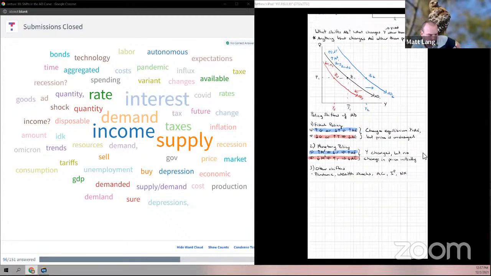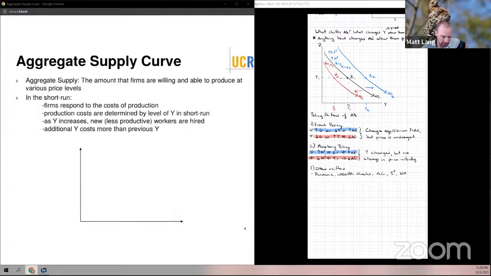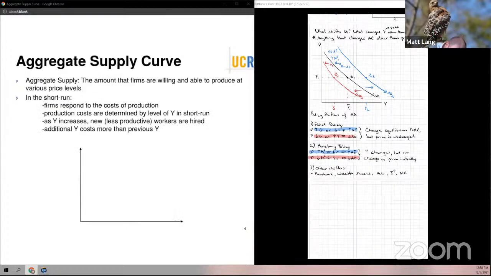So okay, so let's get to aggregate supply, right? So we can address that whole market right there. Okay. So I got a shift in AD, right? But let's complete this market. Let's add the other side of the market.